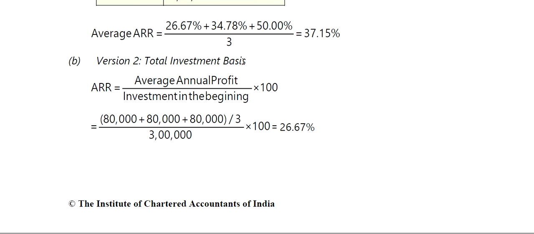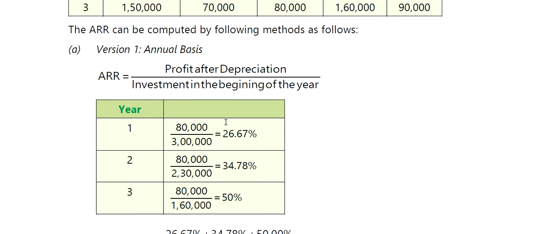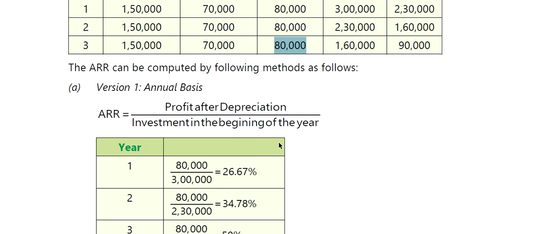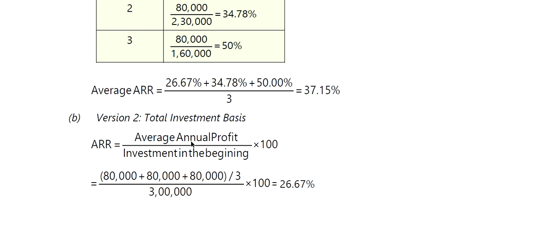The second version is using the investment basis. This is the normal one we do in ARR. If something is asked in the question, this is the answer you have to give. 80,000, 80,000, 80,000 are the income, the inflows, so it is called average annual profit.